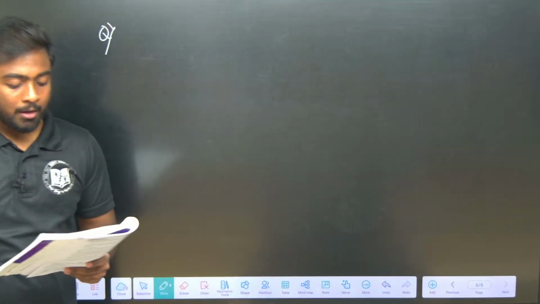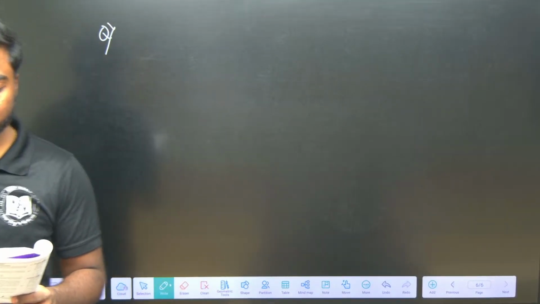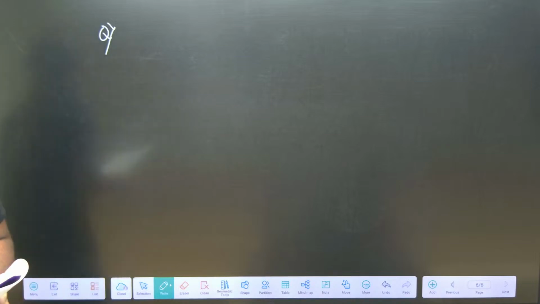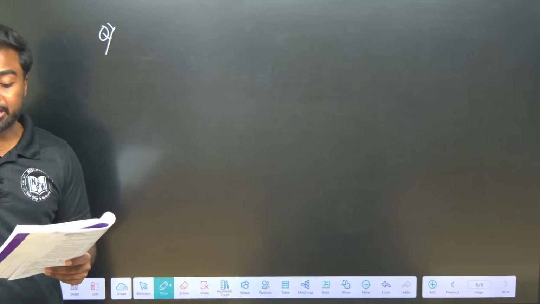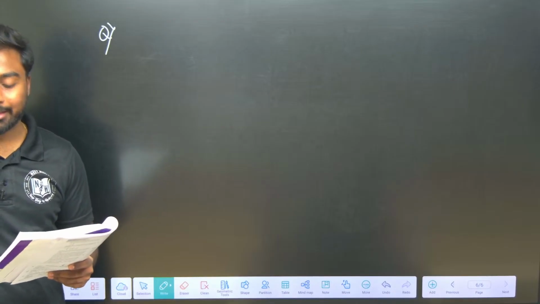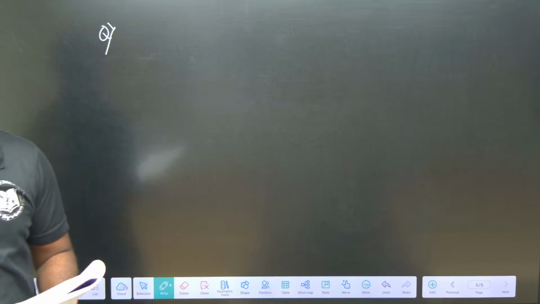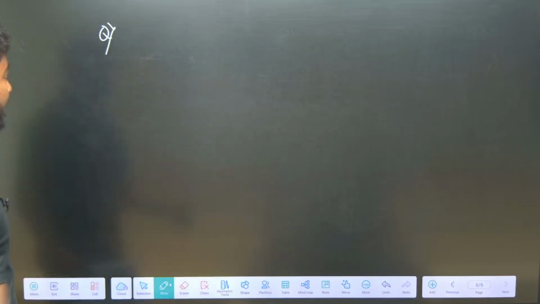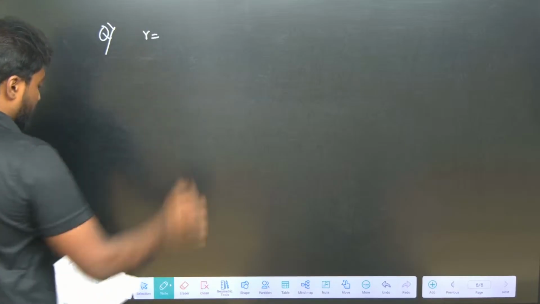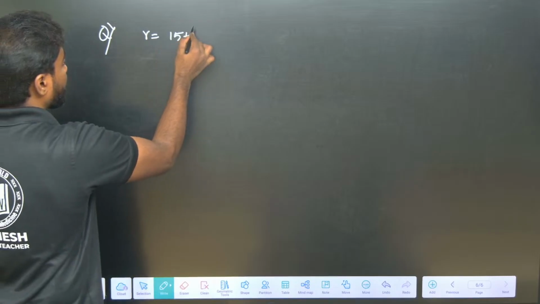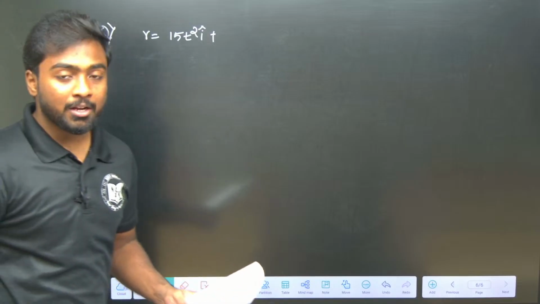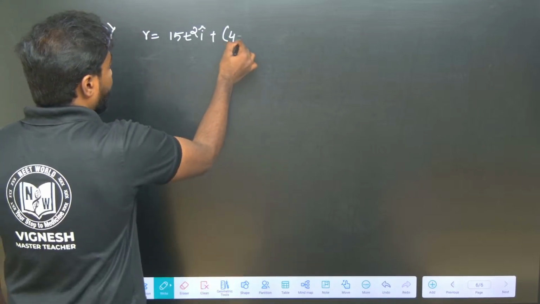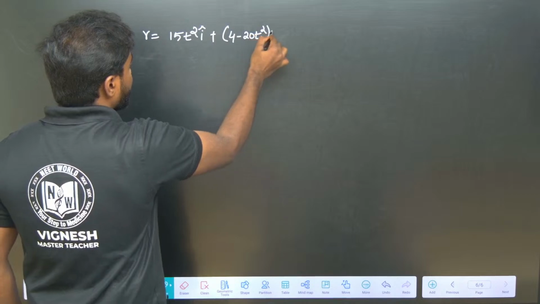So a particle moves. The same question I have told. The position vector of a particle changes with time according to the relation R is equal to 15 t square i cap plus 4 minus 20 t square j cap.